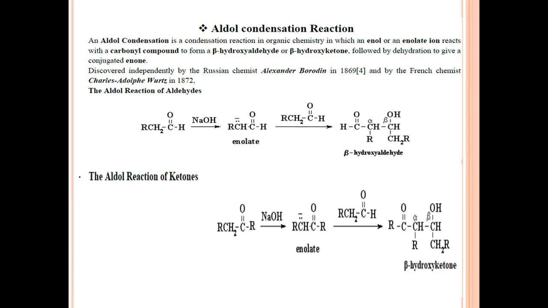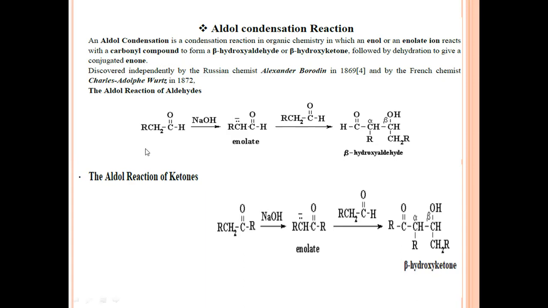Whenever there is a reaction between a carbonyl compound and either an acid or a base, it forms the beta hydroxyaldehyde or beta hydroxyketone, and this undergoes dehydration to produce a conjugated enone.